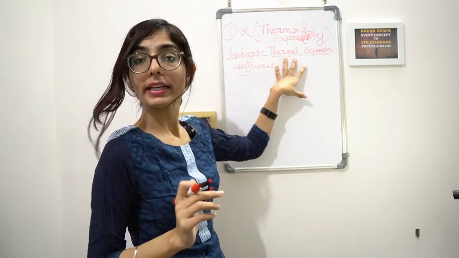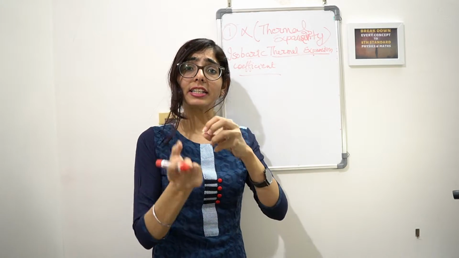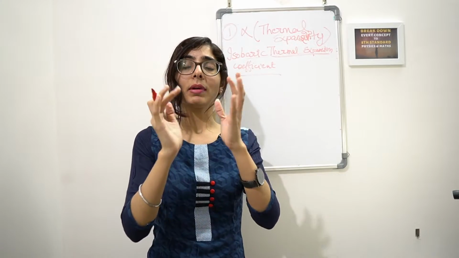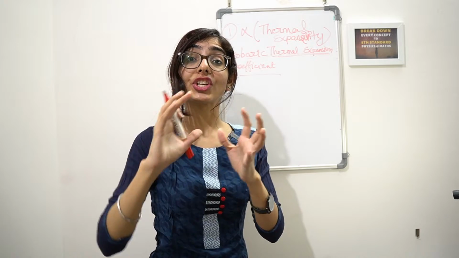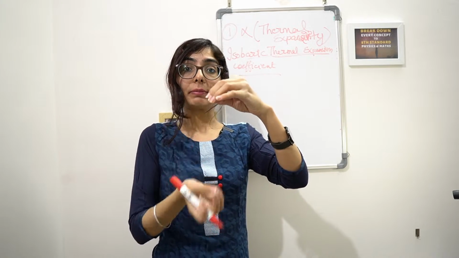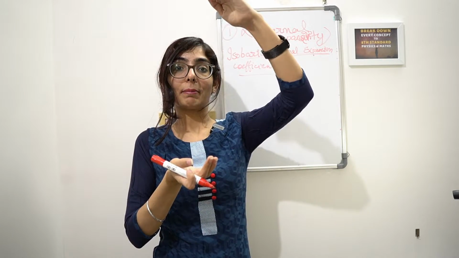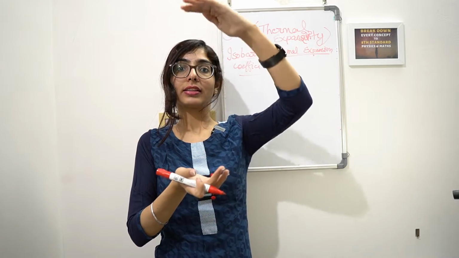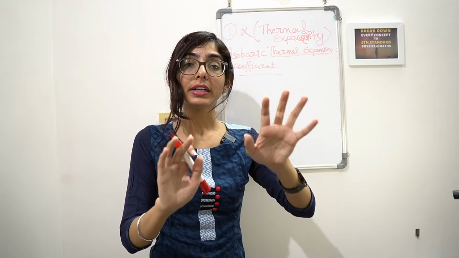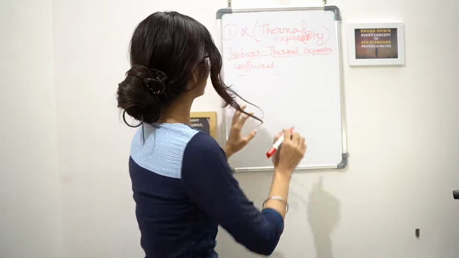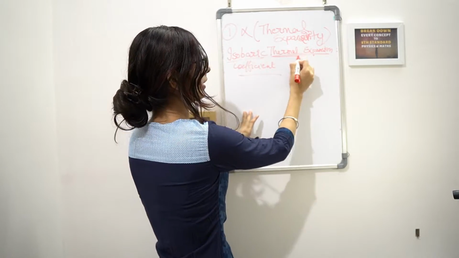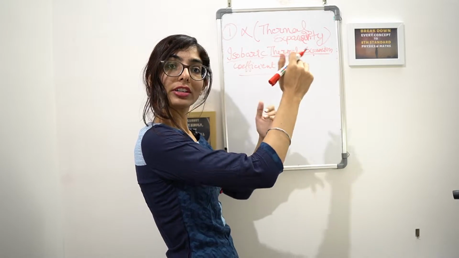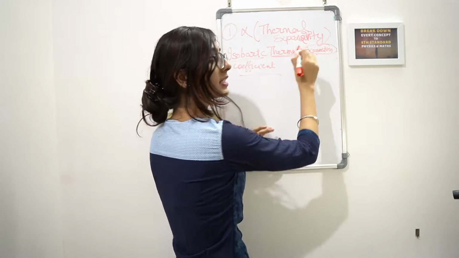So expansion, the volume will increase. So what is happening here? We are giving temperature to the system and there is a change in relative volume, but we are keeping the pressure constant. Isobaric, keeping the pressure constant, and thermal, we are giving heat and expansion is taking place.